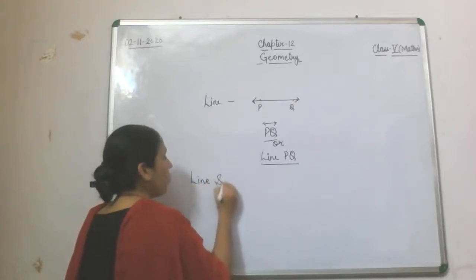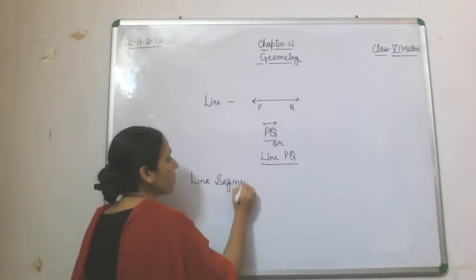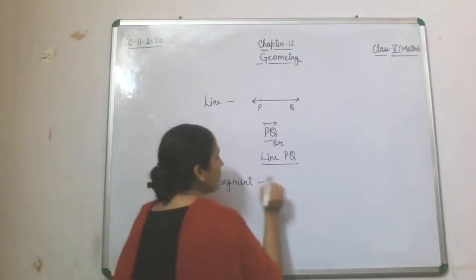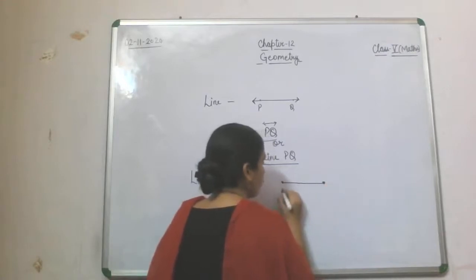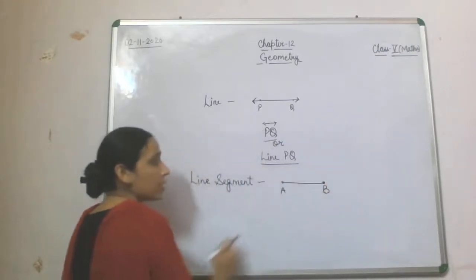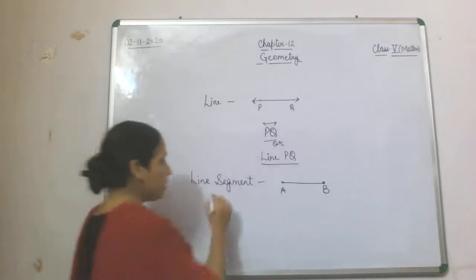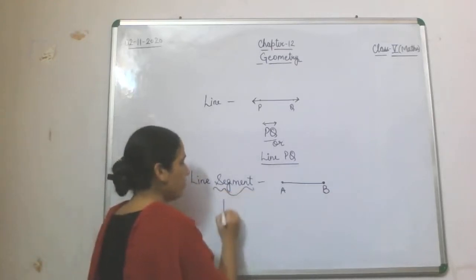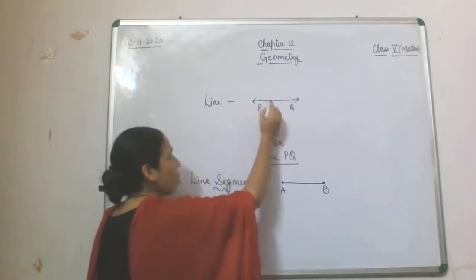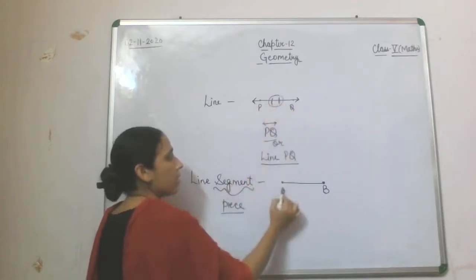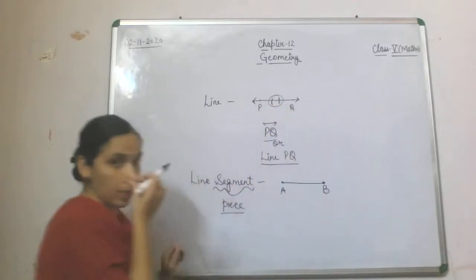Now we'll come to line segment. Now how will we form a line segment? Line segment has a specific length. Segment means a piece, a part from this line. For example, if I cut out this part, we'll name it AB.